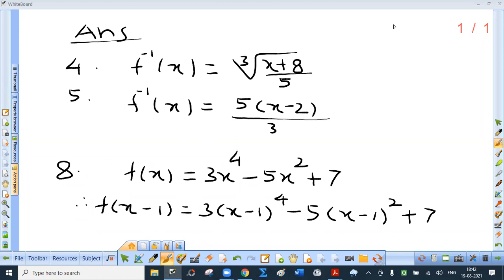Now it will be 3 times 4th power of x minus 1. If you know binomial theorem, you can use that so that you can easily get it. But at present, we do not know. So what we will do is we will obtain x minus 1 square, which is x square minus 2x plus 1. And again, we will square that. In fact, you will do that. Tell me the answer.